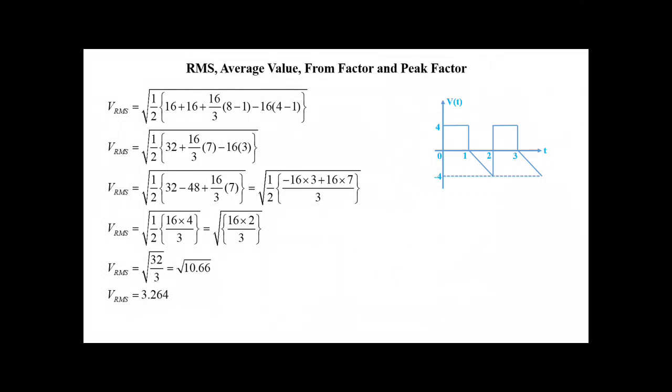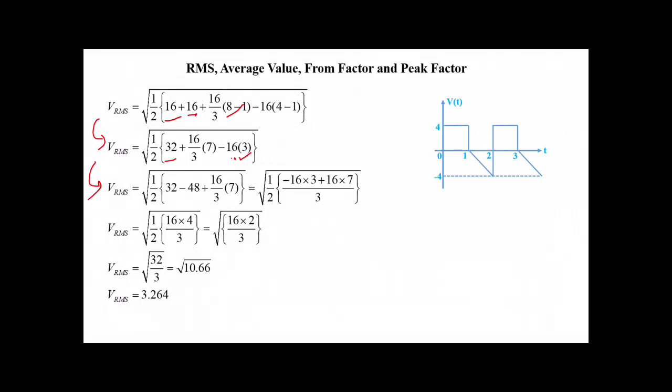VRMS equals under root 1 upon 2, 16 plus 16 become 32, plus 16 by 3 into 7, minus 16 into 3. VRMS equals under root 1 upon 2, 32 minus 48 plus 16 by 3 into 7.